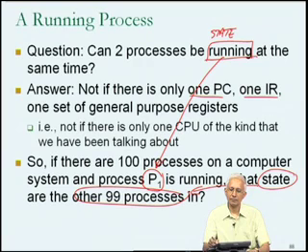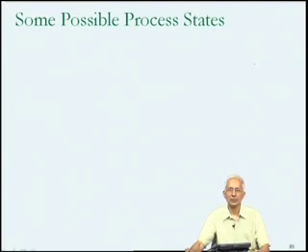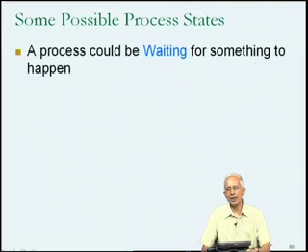Up to this point in time we have seen only one state a process could be in, the state of being in the CPU, its instructions executing, its data changing. So, we need to learn about other states that a process could be in. What are some other possible process states? That is what we need to get a handle on next. Now one thing which we have seen is that a process could be waiting for something to happen.